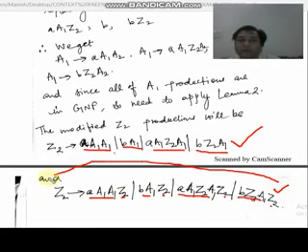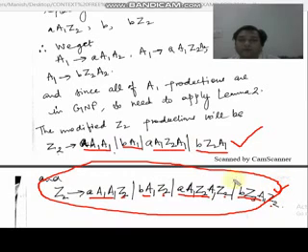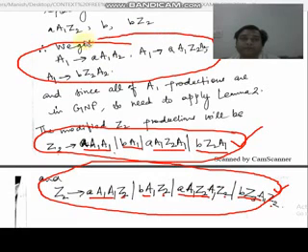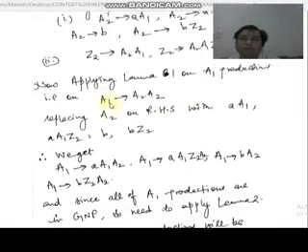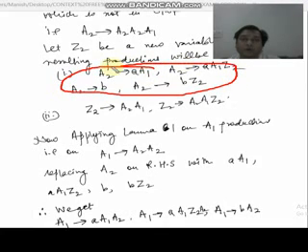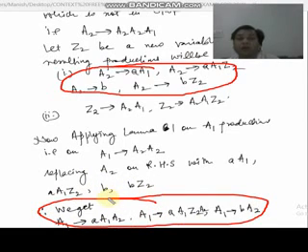So now you can see that these 4 productions of Z2, these 4 productions of Z2, these 4 productions of A1, and these 4 productions of A2, all these productions of A2, A1 and Z2 are in the GNF, because all of them are starting with the terminal symbol and then followed by the variables.